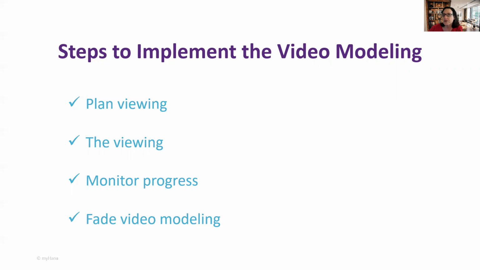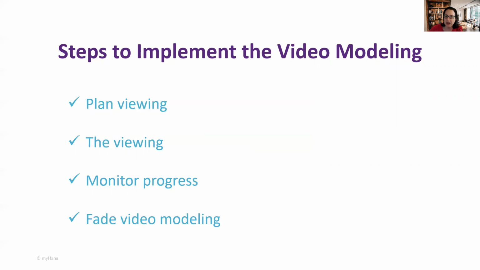And once the student is familiar with the video, they can view it anywhere they want. There's no prescribed number of times that they need to view it. We do know that repetition helps learning, and students with ASD benefit from repetition. They can see it as many times as they want or need to. Some kids will sit right down and watch it.